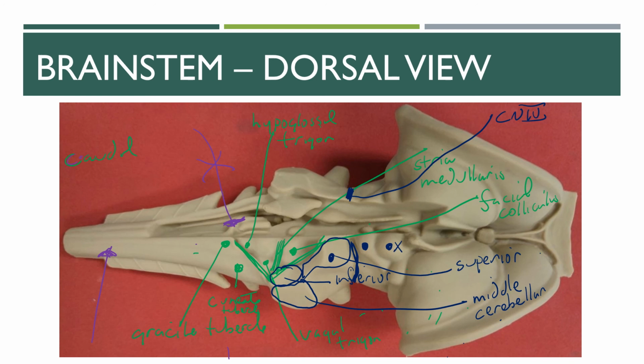Those are the colliculi. This one is the inferior colliculus. This one is the superior colliculus. These are the structures that you need to be able to identify on this dorsal view of the brainstem. Do not worry about any of the structures on the other side. We are not doing those for laboratory.